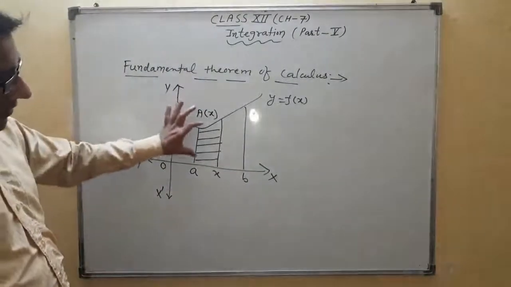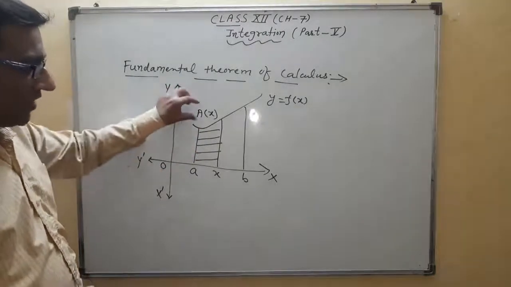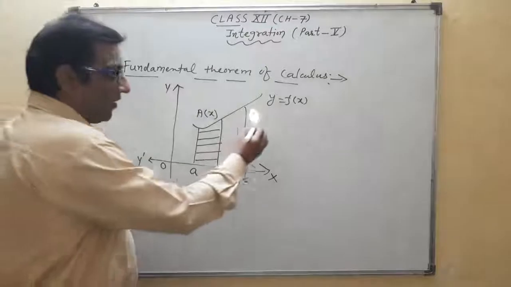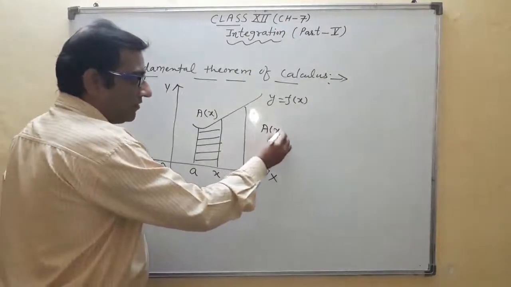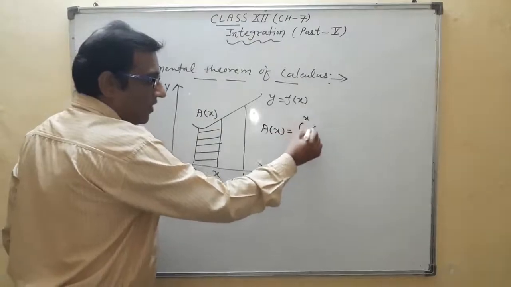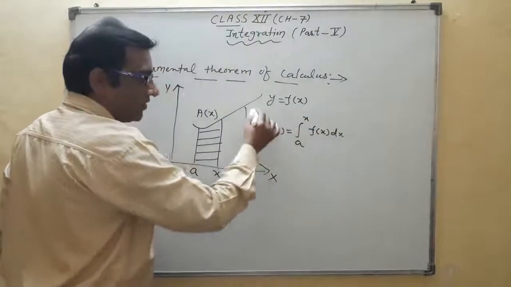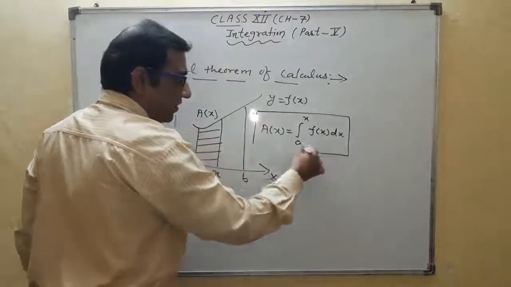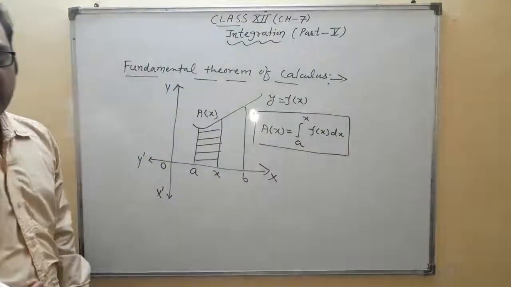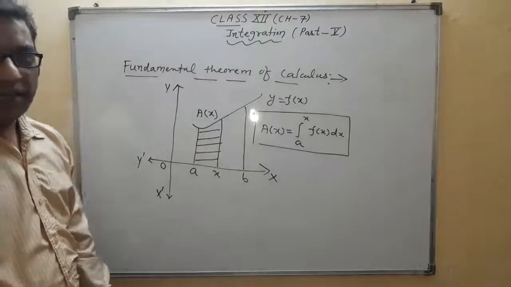Basically, this shaded region is the function of x, represented by A(x), and the value of A(x) is the integral from a to x of f(x) dx. This is known as the area function for such a diagram. It is also known as the fundamental theorem of calculus.